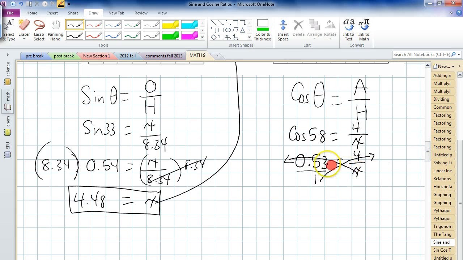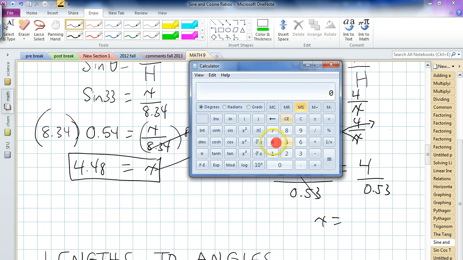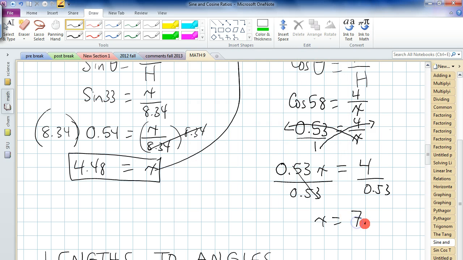So that times that gives you 0.53x, and that times that gives you 4. Now you want to solve for x. Divide by 0.53, divide by 0.53. These cancel out, and 4 divided by 0.53 is 7.55, if we're going to two decimal places.